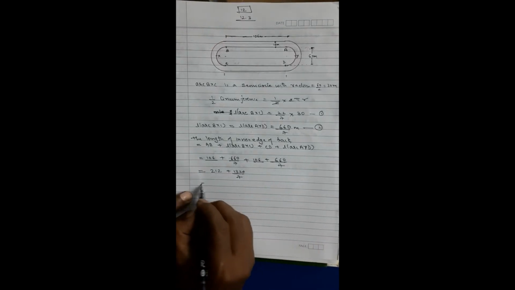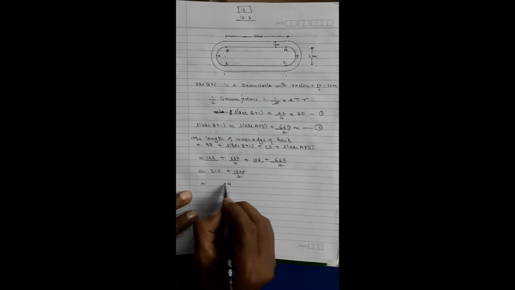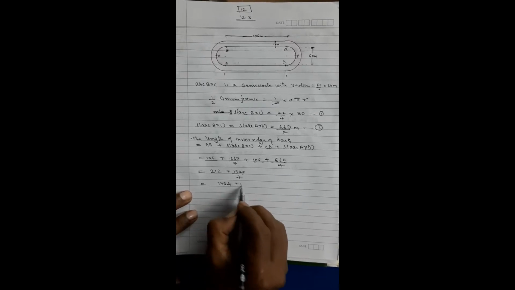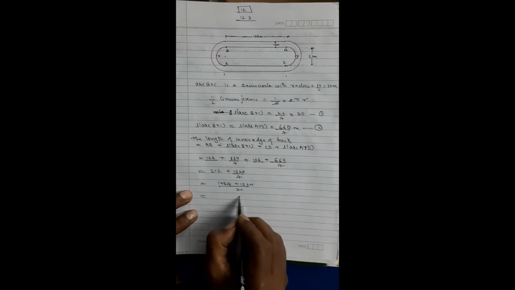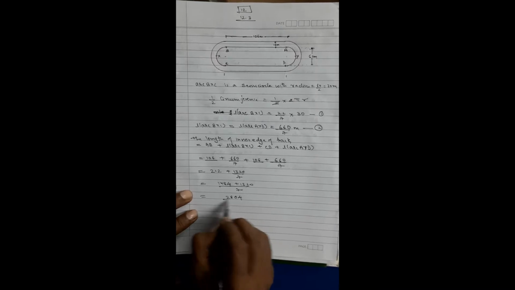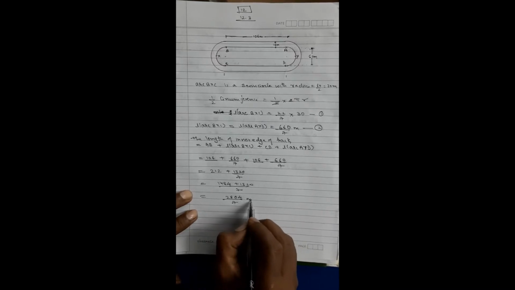So if I add this, it becomes 2804 upon 7 meters.